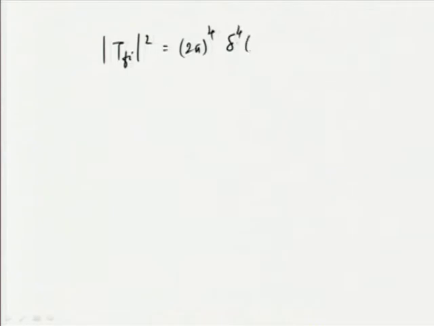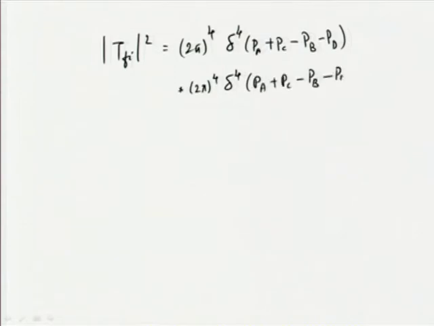So, let me write it first as delta(p_a + p_c - p_b - p_d), the initial momenta minus final momenta, and duplicate it. There is another (p_a + p_c - p_b - p_d) when you square it, and you have N_A, N_B, N_C, N_D squared, times invariant amplitude squared.